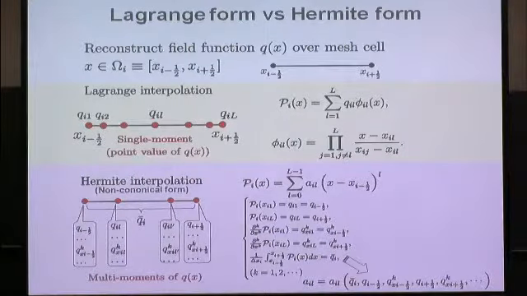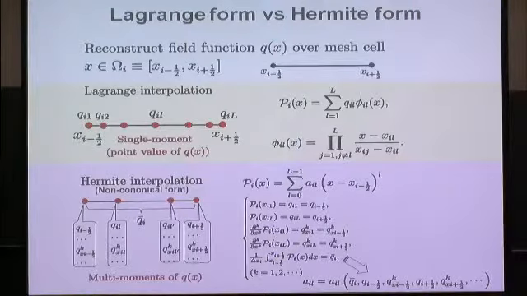This is a mesh cell over which we want to construct a polynomial for a high order scheme. One choice is Lagrangian interpolation, which means that we know the values of Q at these red points. So directly we have a Lagrangian interpolation. This is the basis function of Lagrangian interpolation.